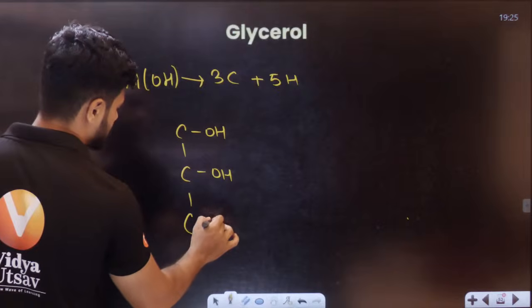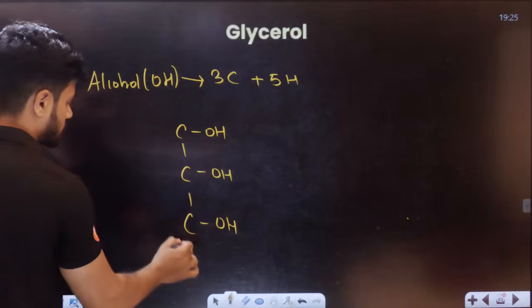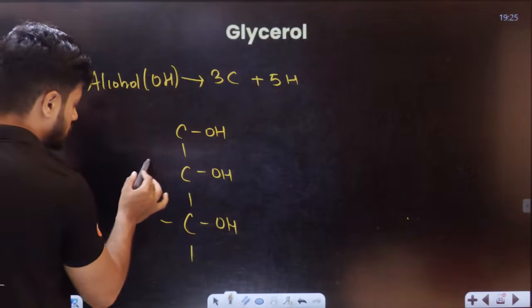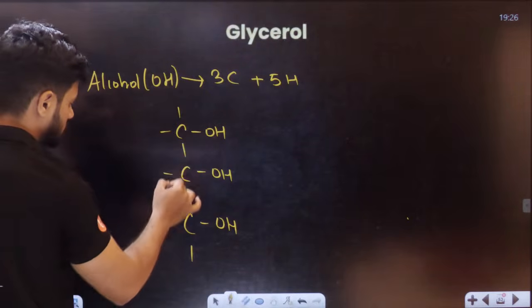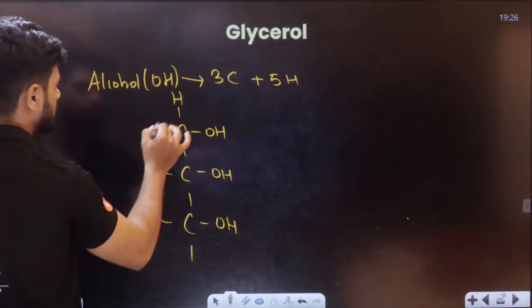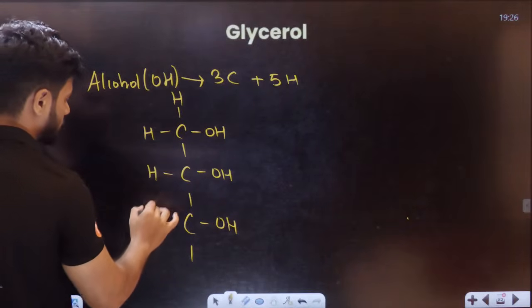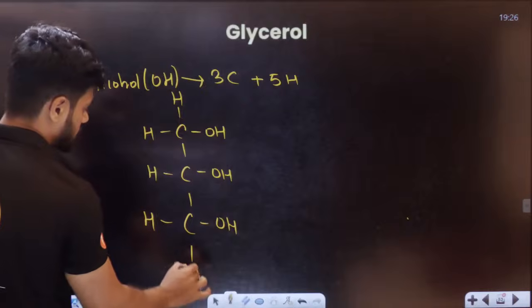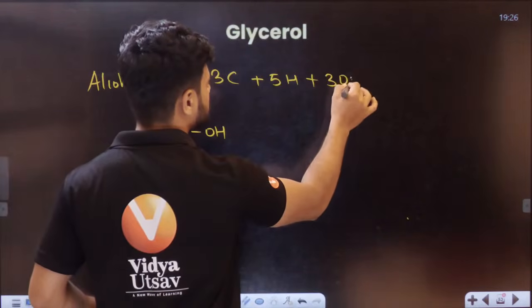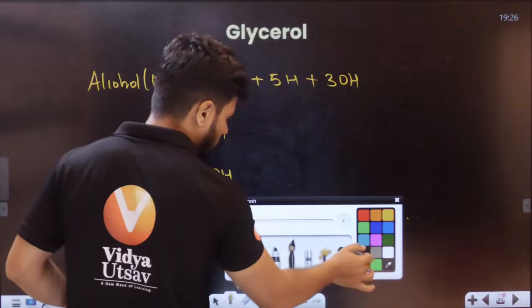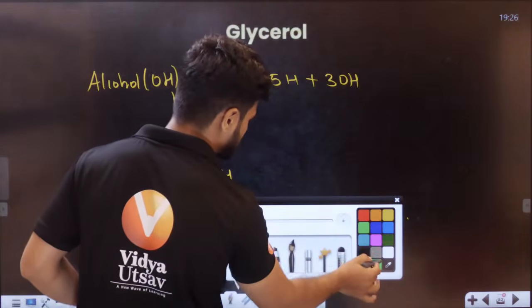One second, let me write it in. 1, 2, 3, 4, 5 hydrogen, plus 3 OH. Students, this has an IUPAC nomenclature also.